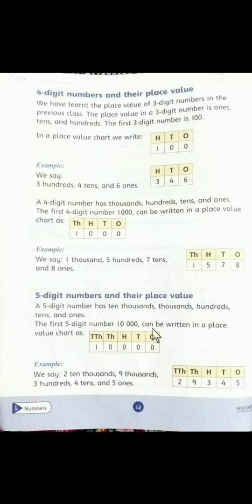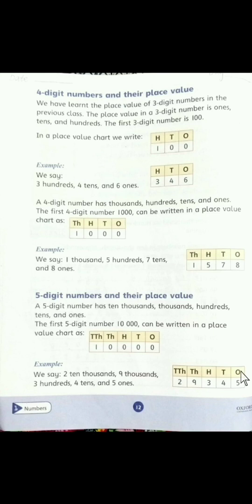The first 1 will be written in the 10,000 column, then 0 in thousands, another 0 in hundreds, another 0 in tens, and the last one in ones. For example, look at this example: 2 ten thousands, 9 thousands, 3 hundreds, 4 tens, 5 ones.